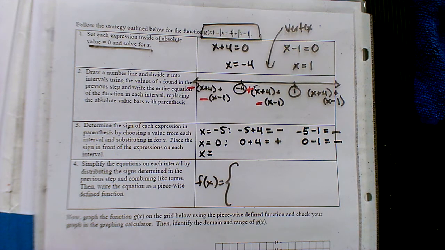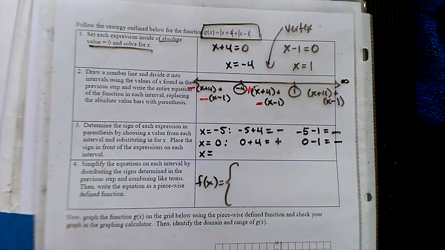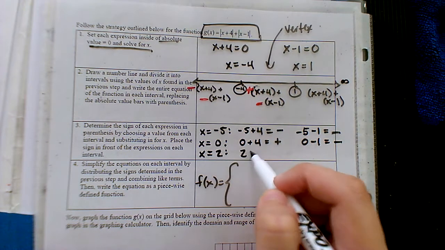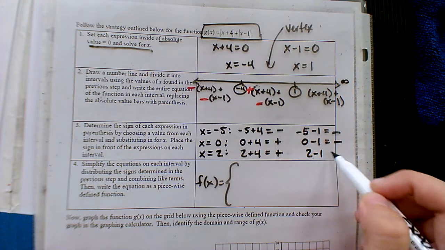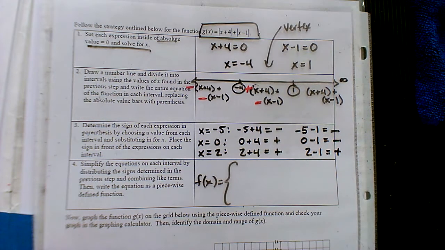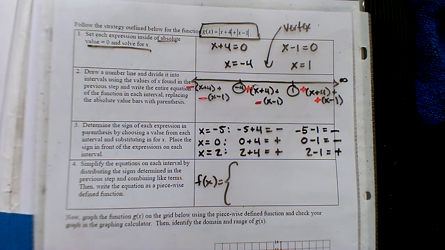Can we pick another number for our third interval between 1 and infinity? 2? All right. 2 plus 4? Positive. 2 minus 1? Positive. So positive, positive. So we have the setup.